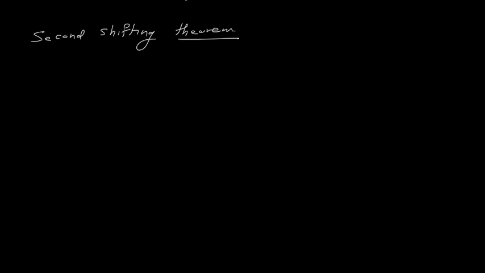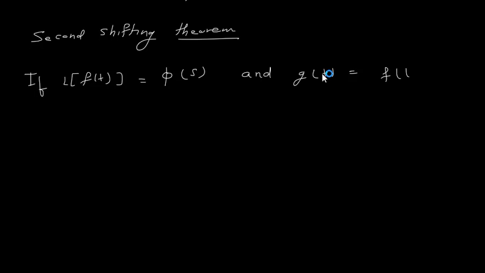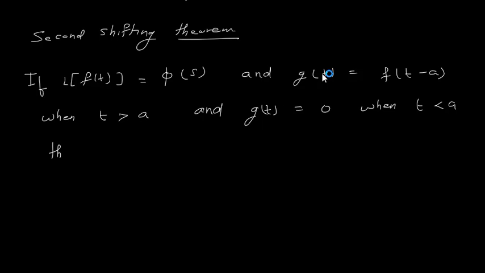Second shifting theorem. Now the statement is, if the Laplace of f of t is phi of s, and g of t is equal to f of t minus a when t is greater than a, and g of t is 0 when t is less than a, then the Laplace of g of t is equal to e power minus as into phi of s.